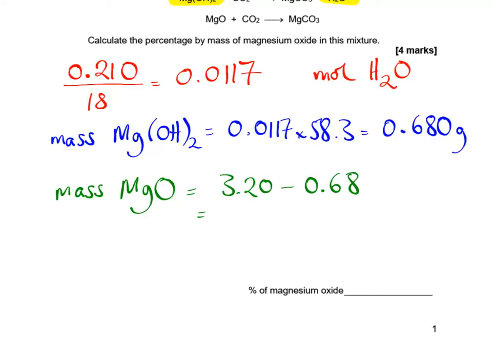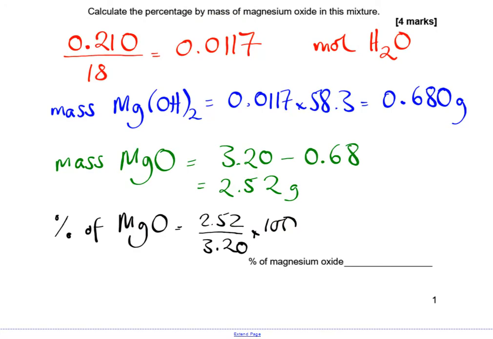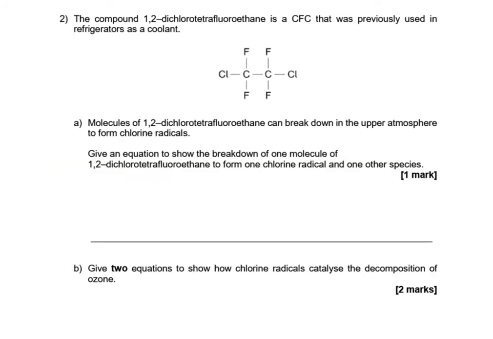So the amount of magnesium oxide in mass must be the original mass take away the amount of magnesium hydroxide, which is 2.52. So the percentage of magnesium oxide is 2.52 out of the original mass times by 100, which comes out to be 78.7%.